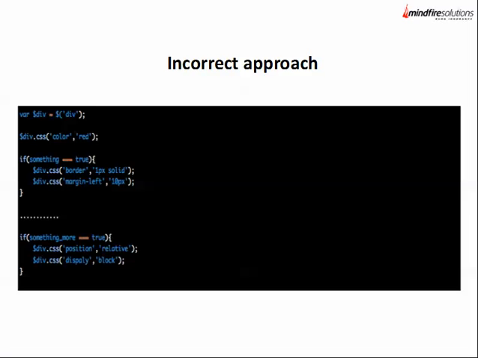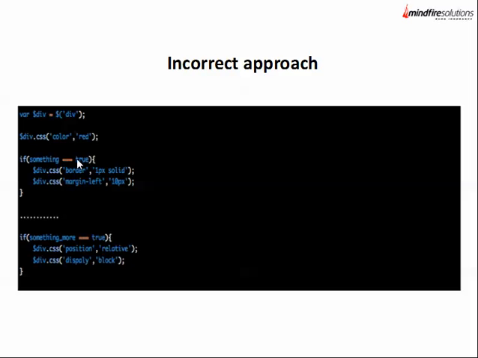Now, sometimes we need to write conditional CSS script. Suppose you have a div, and you have code like: if this condition, then write this; if this other condition, then other conditional CSS. How do you handle it in this case? You cannot pass a map directly, because all of these are conditional.